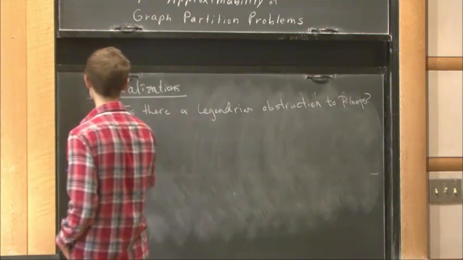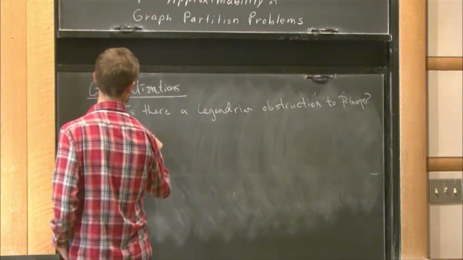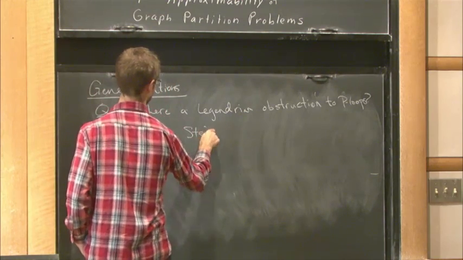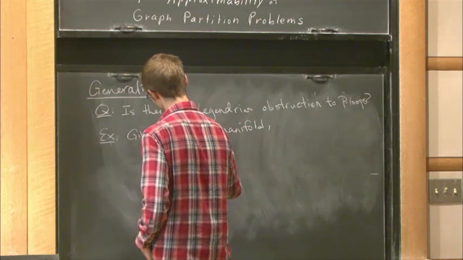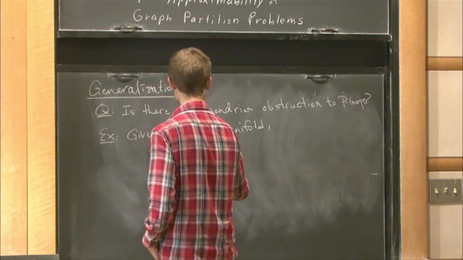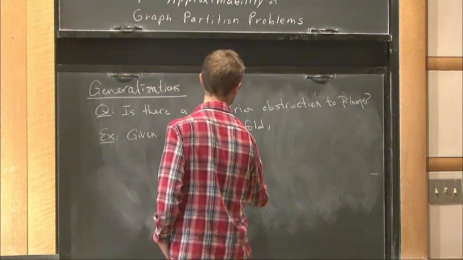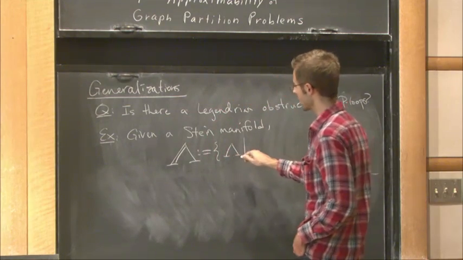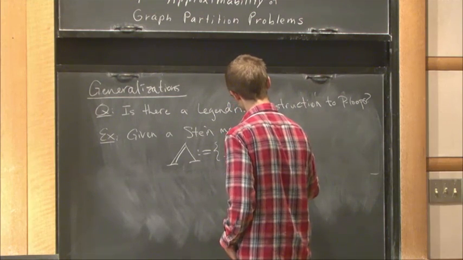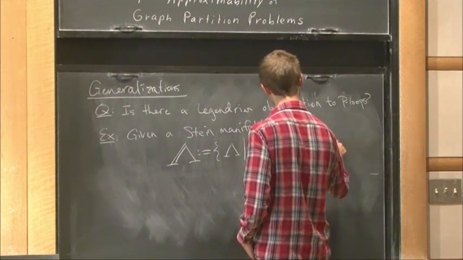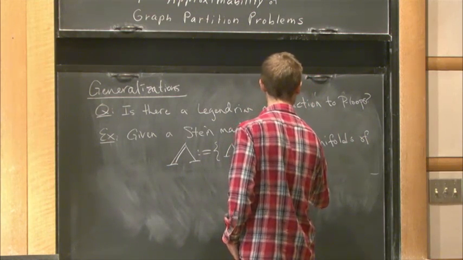So the example would be, given a Stein manifold, I'm going to call this set, so this is the set of all Legendrians arising as regular level sets intersected with unstable manifolds of a plurisubharmonic Morse function f.